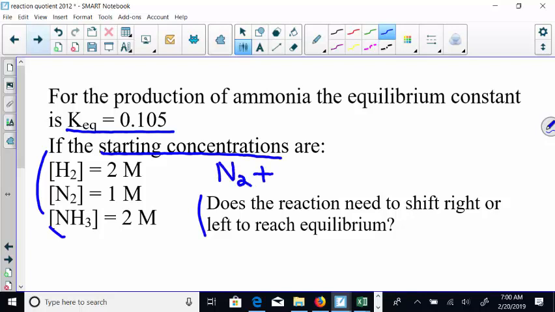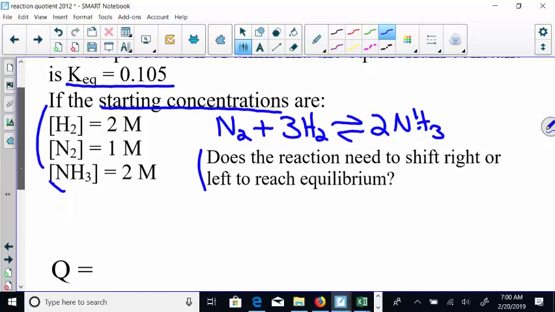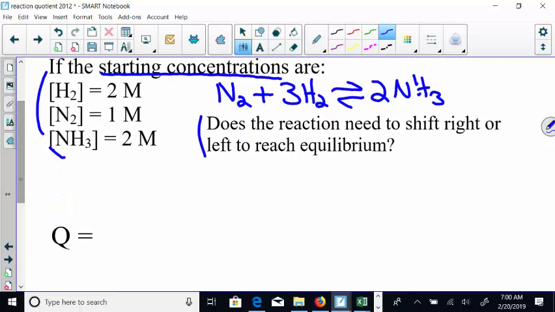N2 plus 3H2 yields 2 NH3. And what we're going to have to do is write the equilibrium constant expression, but it's going to be Q. But it's done the exact same way.